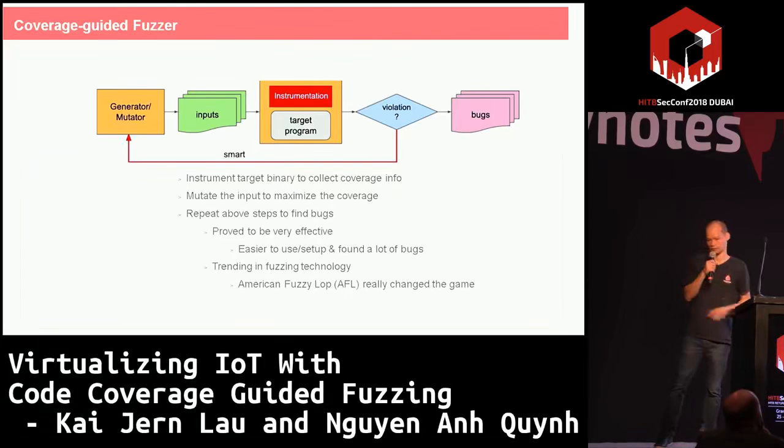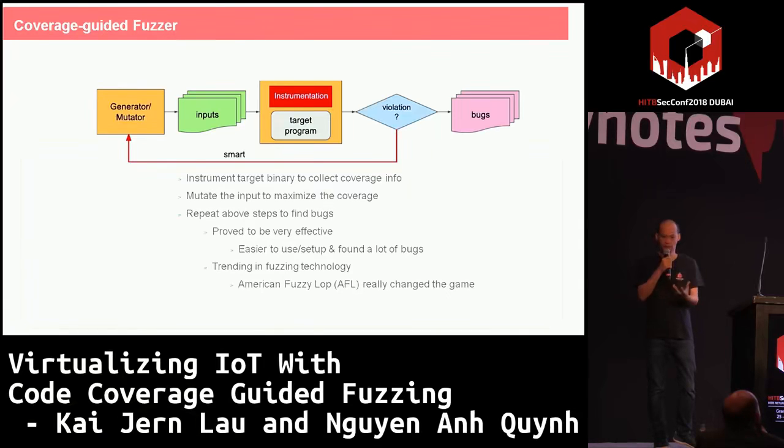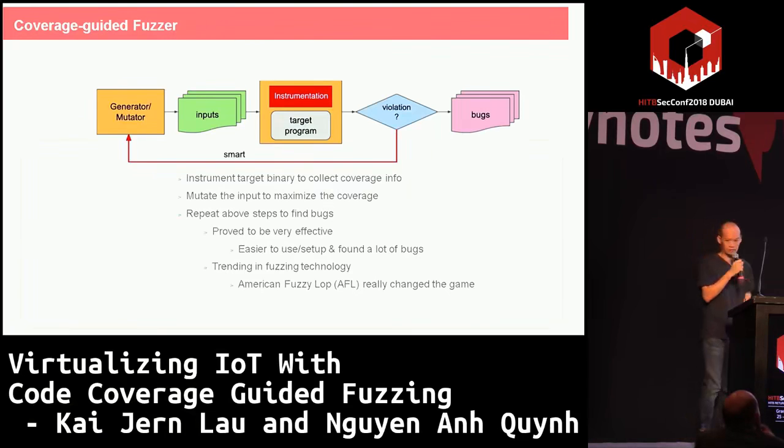Okay, so here's how the guided fuzzer works. The idea is that we do not run the original program, but we instrument it. So we run the instrumented program in our fuzzer, not the original program. Because of the instrumentation in the program we run, it can report back to the fuzzer which code the program already exercised with this input. Based on that feedback, the fuzzer can produce better input in the next run, so the program can exercise new code.